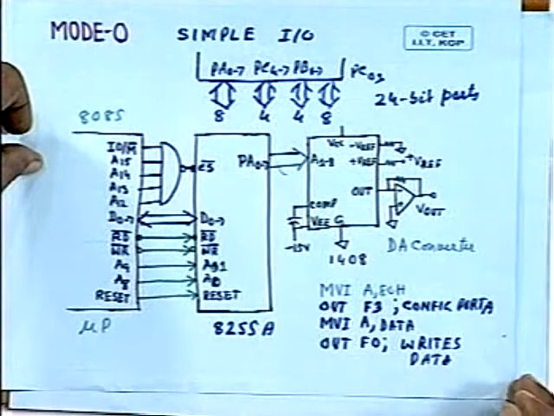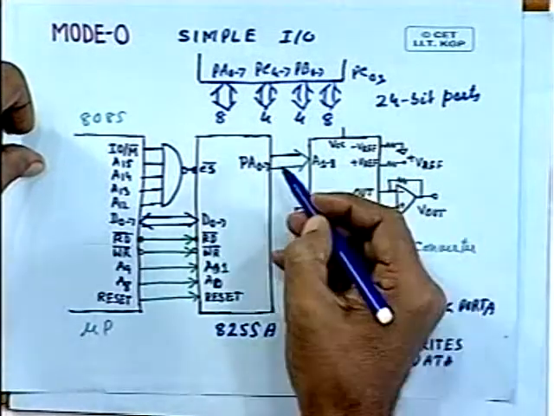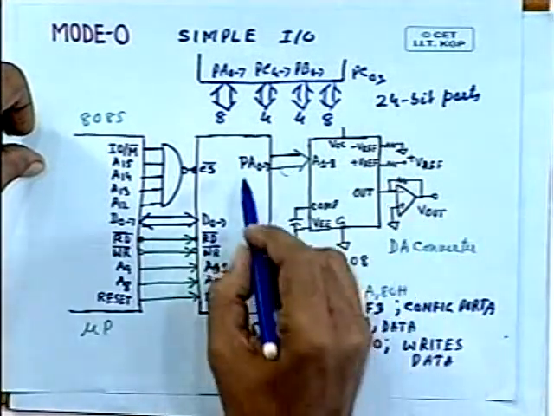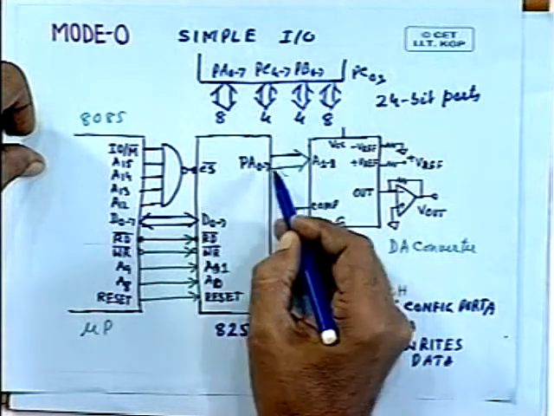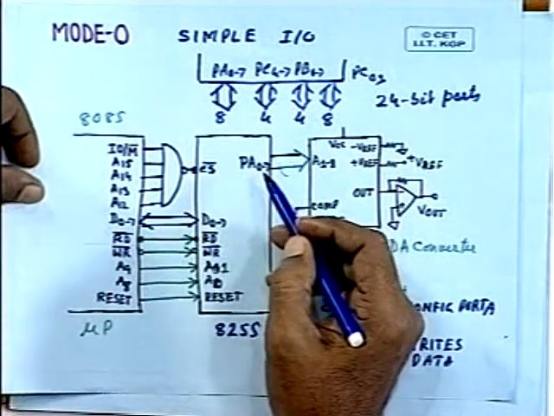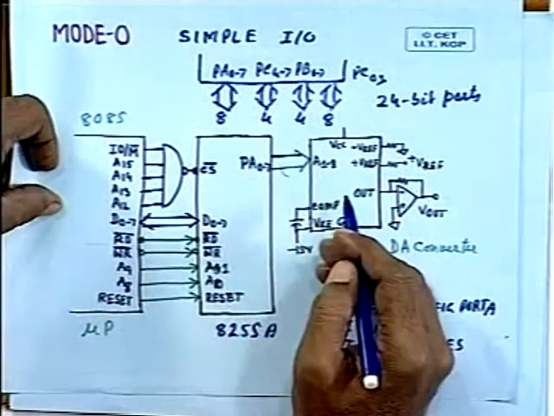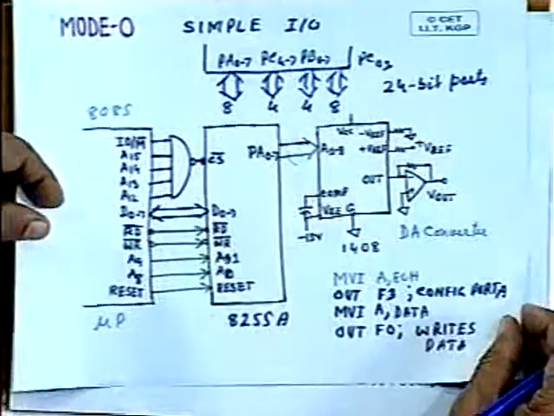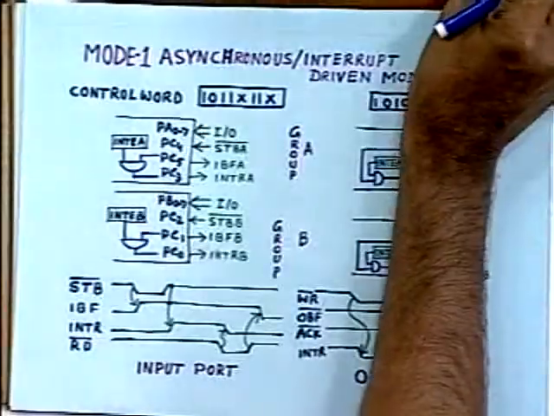In a similar manner, you can use it as an input port. Only difference will be that port A has to be configured as an input port by writing a suitable value into the control register. Now let us see how it works in mode 1.